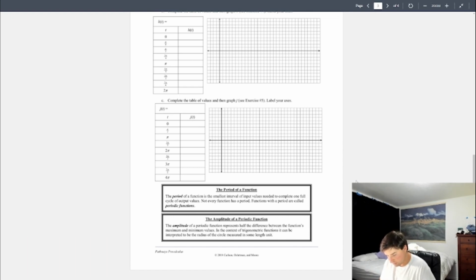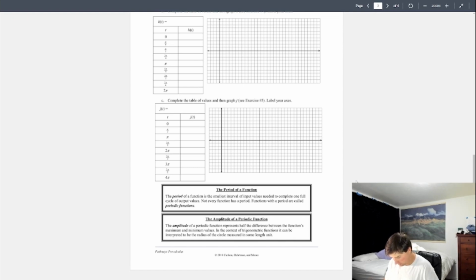Describe the reasoning used to determine the period of the functions in A, B, and C. Okay, C, t.